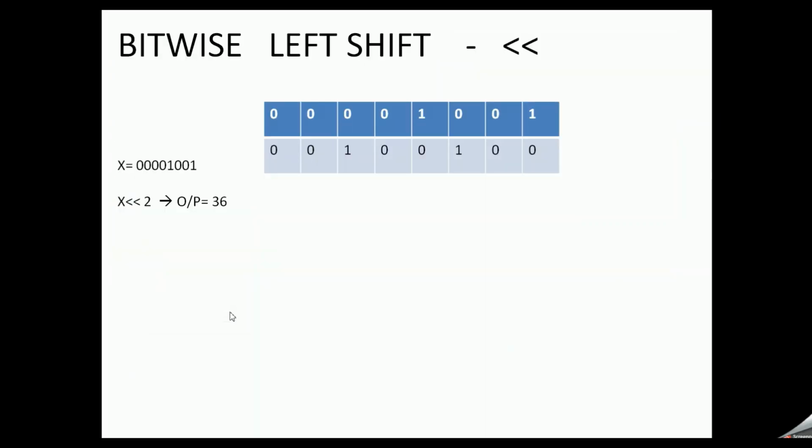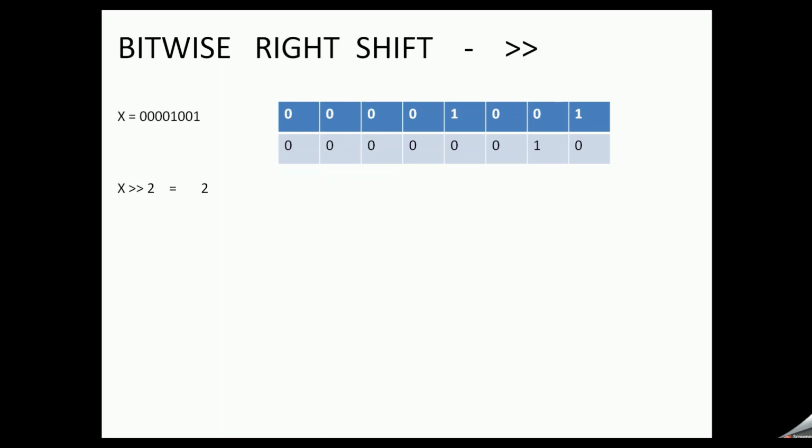And the sixth one is bitwise right shift. The symbol is greater than, twice. So suppose my x is equal to 9. This is the binary representation of 9. So our bits will be 0, 0, 0, 0, 1, 0, 0, 1. So if I do right shift, the last two bits will go away. The first bit will occupy the third position, the second bit will occupy the fourth position, and so on.